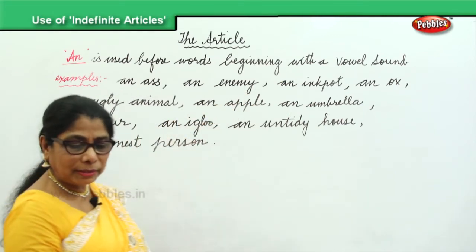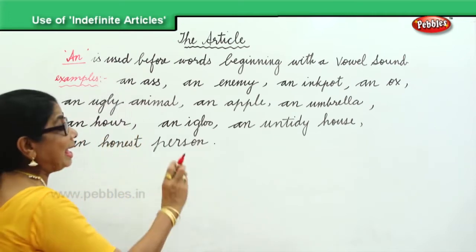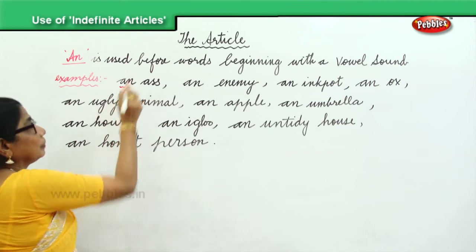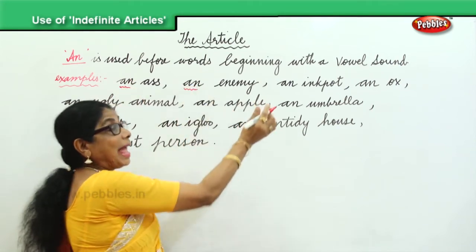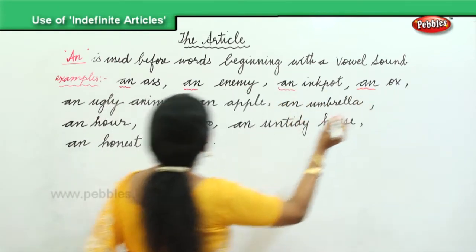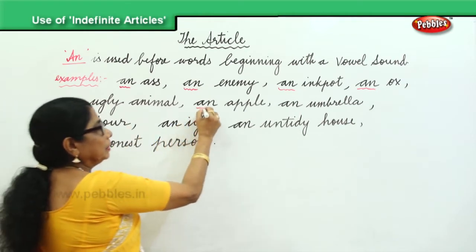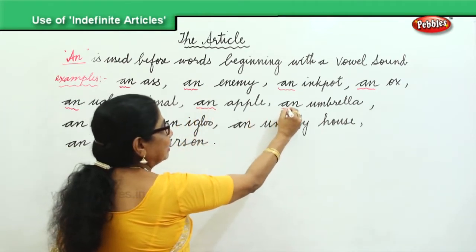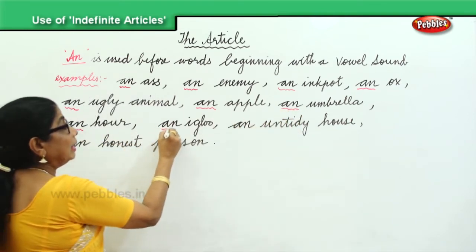Now let's look at all these examples I've given you here. You have an as, an enemy, an ink pot, an ox, an ugly animal, an apple, an umbrella, an hour, an igloo.